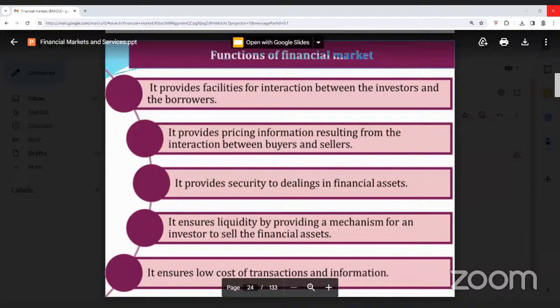Who are the providers to you? Investors are providing the investments, money, loans.